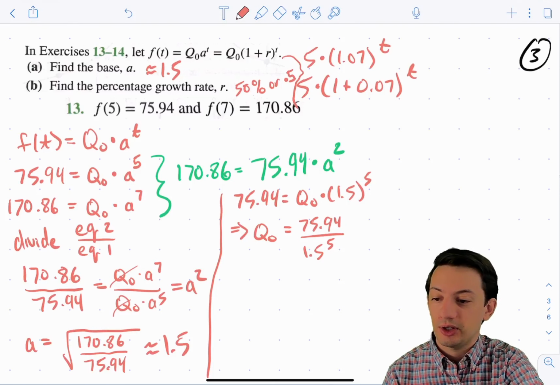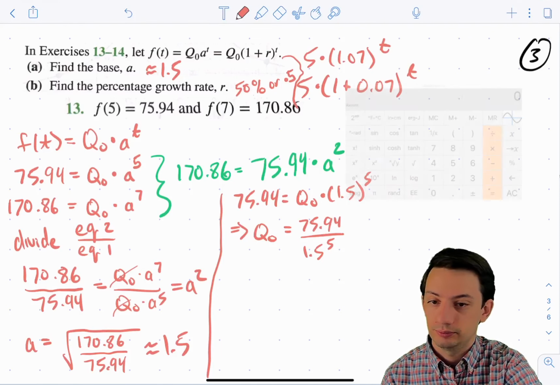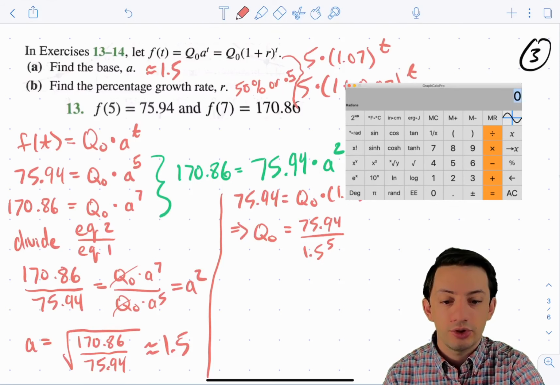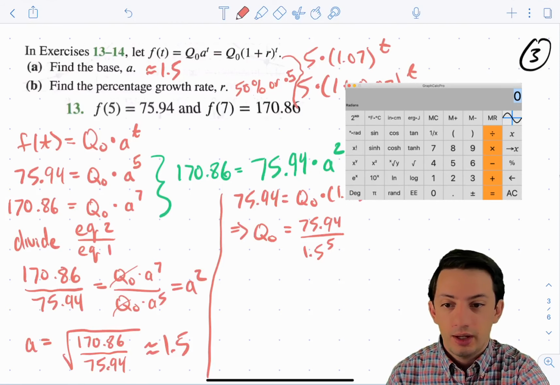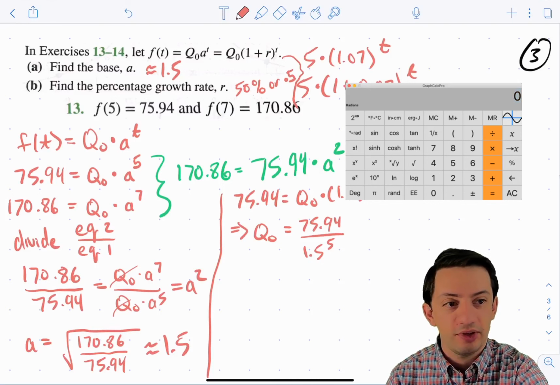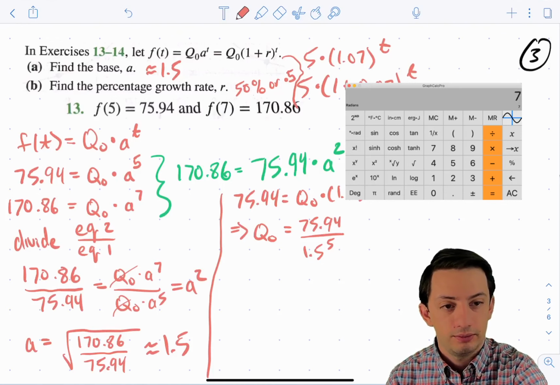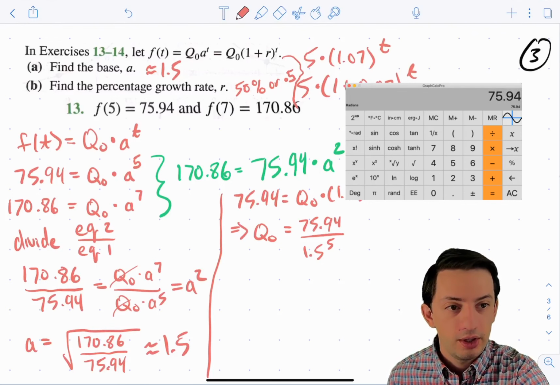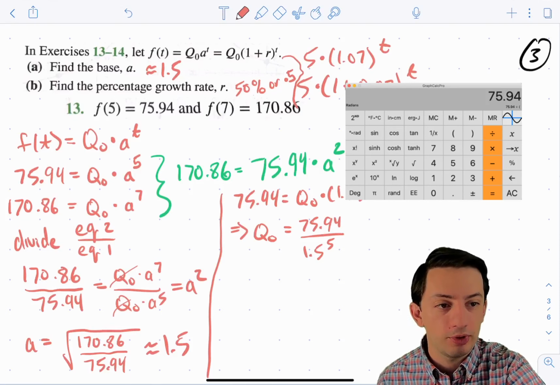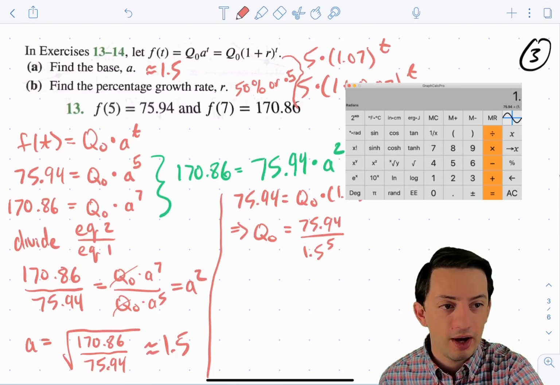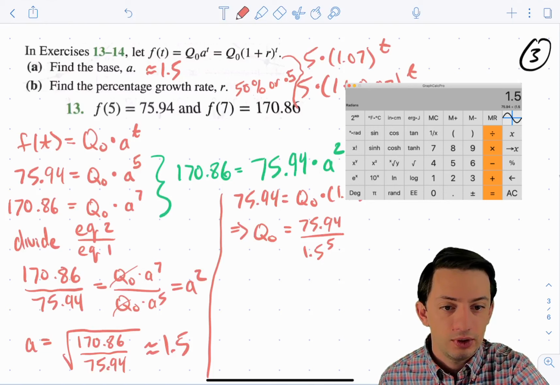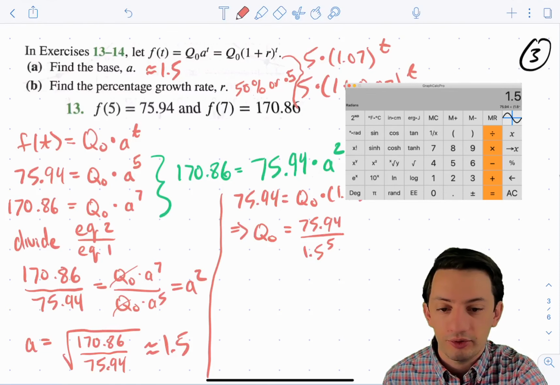So let's pull up our calculator again. I think we can do this with parentheses. So let's do 75.94 divided by, open parentheses, 1.5. We have this x to the y button, so 1.5 to the fifth, close parentheses.